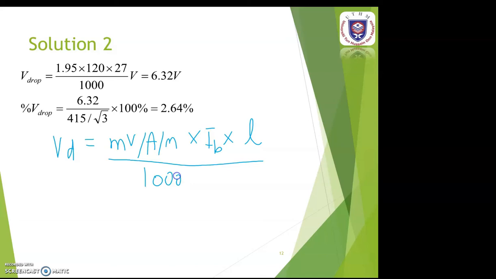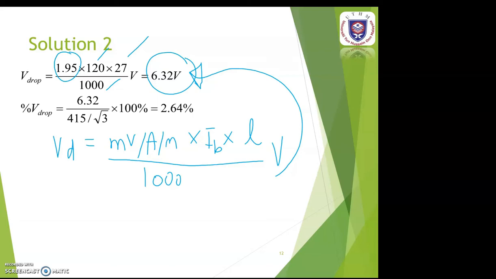So this is the equation that we use for the first solution. The millivolt per ampere per meter is 1.95, and we times it by the IB of 120 and by the length of the cable, 27, divided by 1000. Then you get a voltage drop of 6.32 volt.